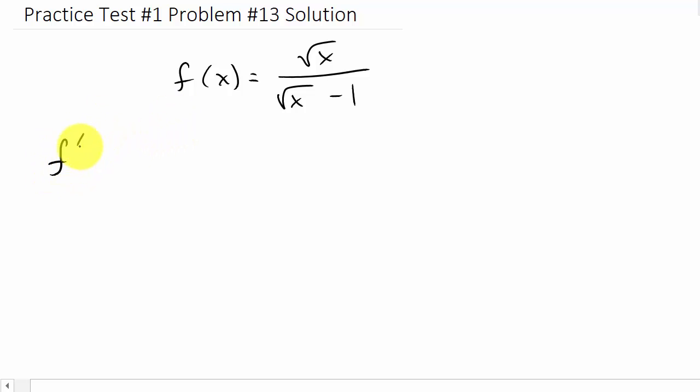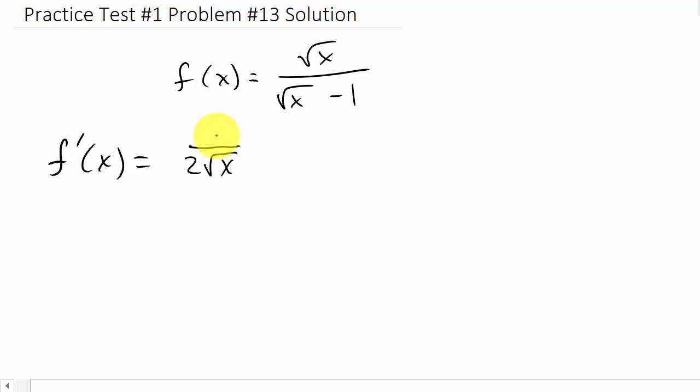So f prime of x, I'll explain a little bit how I do this with the shortcut. So f prime of x, that's the derivative of the numerator. To take the derivative of the square root of x, whatever the square root is, that goes in the denominator. The square root and whatever's under it. In this case, it's just x. And you multiply it times 2.